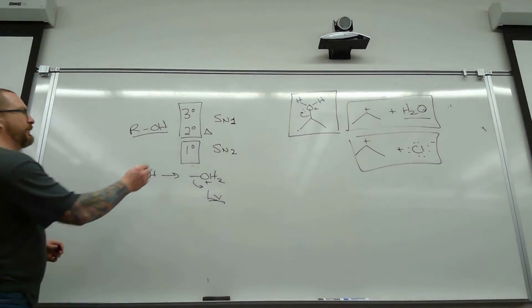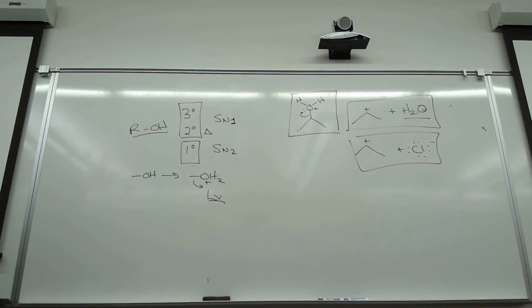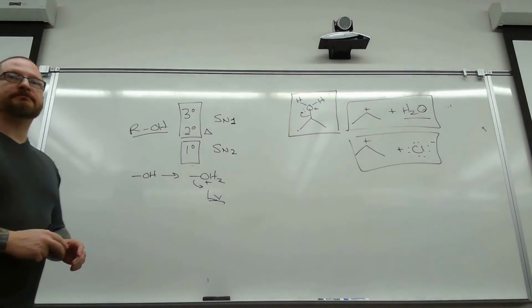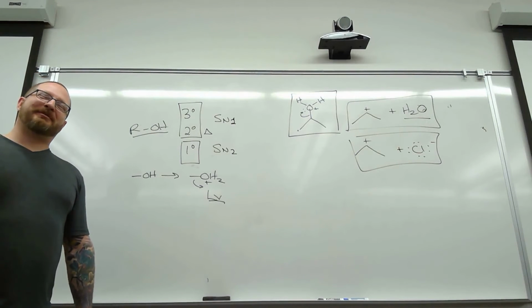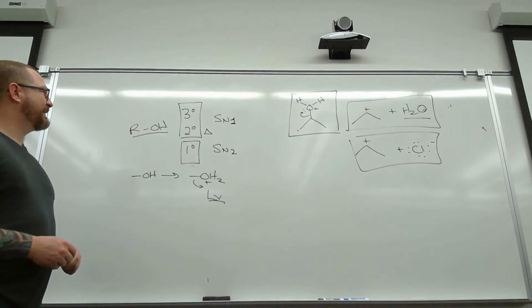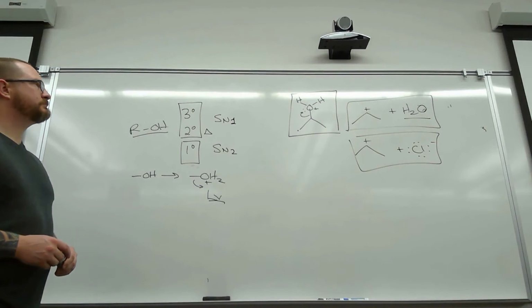So that's why we're seeing a little difference between what's happening here with alcohols and what's happening with alkyl chlorides or alkyl halides in general. The real world's complicated. The difference there is just that because H2O ends up being the leaving group, it's easier for secondary carbocations.